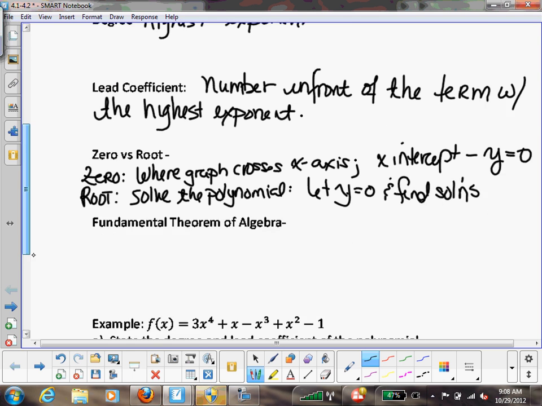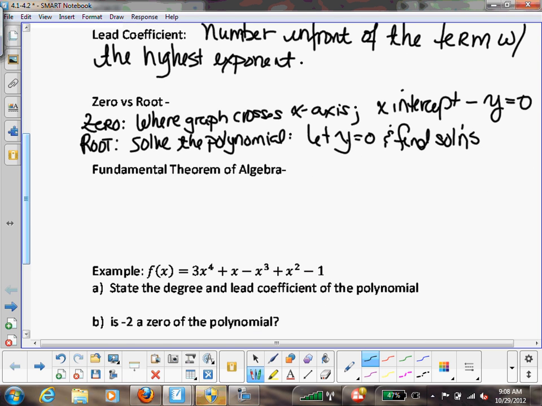All right, the fundamental theorem of algebra. It's really a cool little theorem, because this chapter is going to be about finding all of these roots. It says whatever the highest exponent is, that's how many solutions I'm going to have, how many places my graph is going to intersect the x-axis.